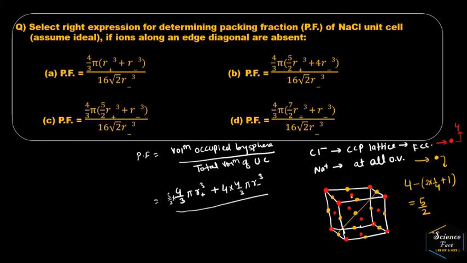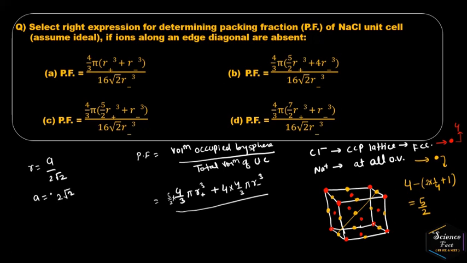We have an FCC system, and this unit cell is formed by chloride ions. For FCC, we know that r equals a by 2 root 2. This is the relation for the FCC system, so a is equal to r into 2 root 2.